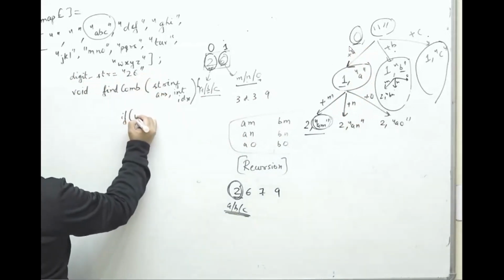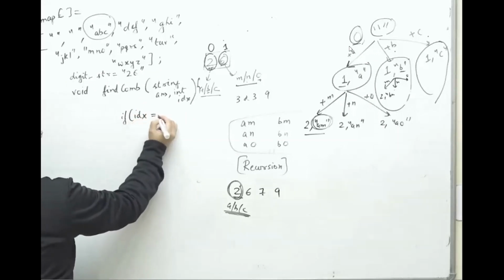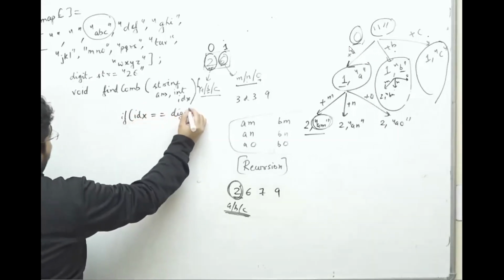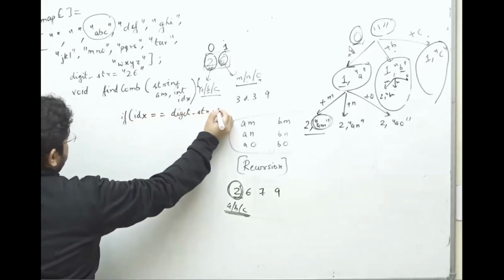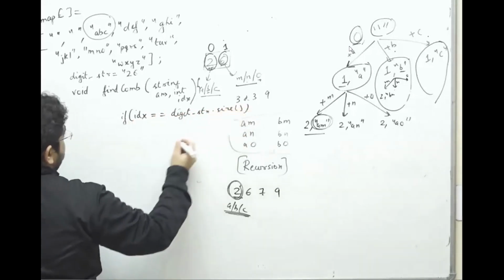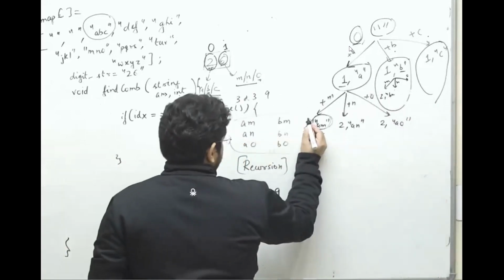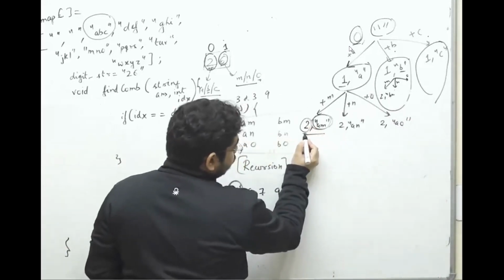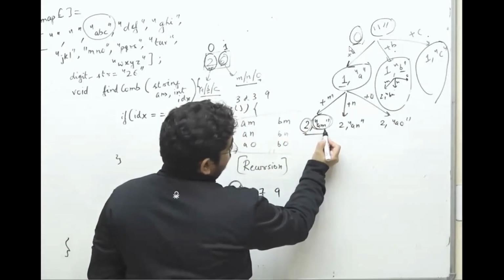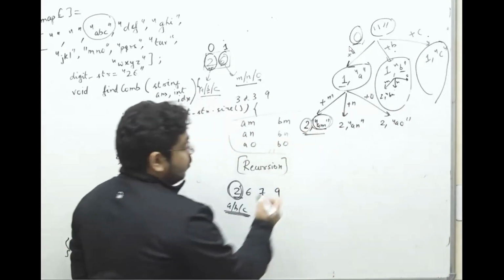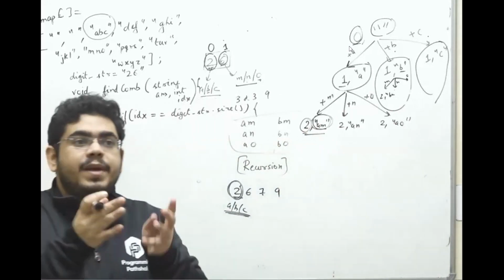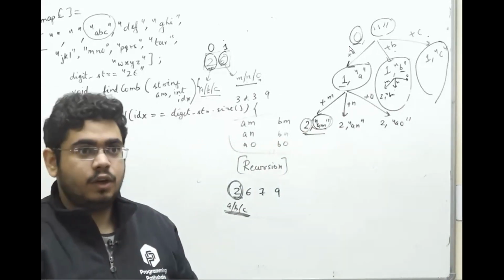So if my index has reached digit string dot size, for example, we are solving it for 26, right? As soon as I have reached 2, that means I made a decision for 0, I made a decision for 1. Now I am at 2, that is, I have made a decision for every digit of my digit string.